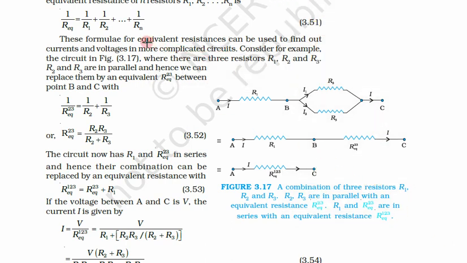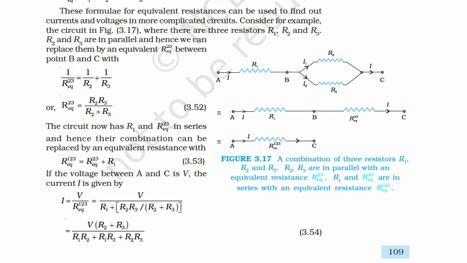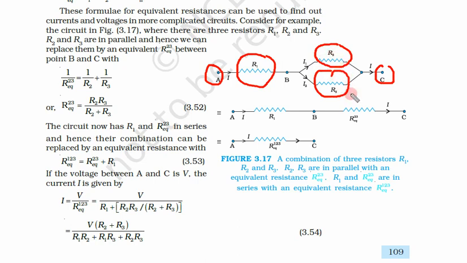Now let us solve a little bit more complicated circuit. Again we have 2 points A and B which are end points, and there are 3 resistances, R1, R2 and R3. These resistances R2 and R3 are in parallel, and R1 is in series with them.